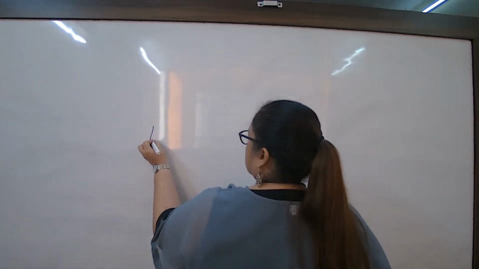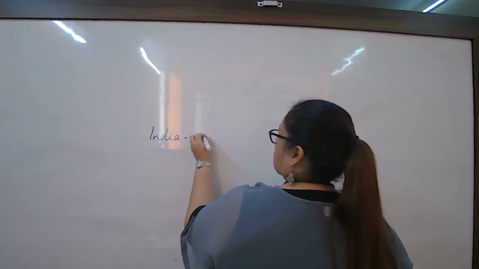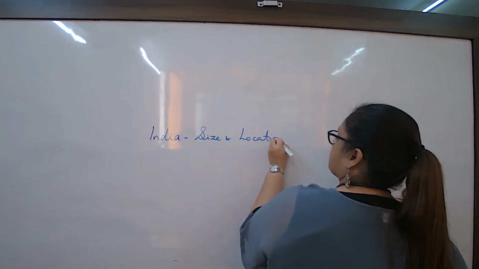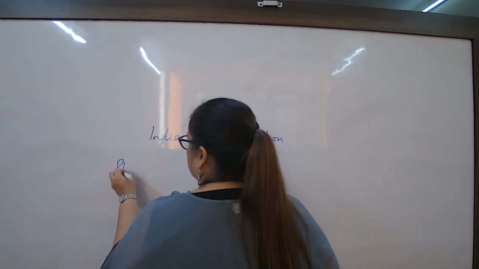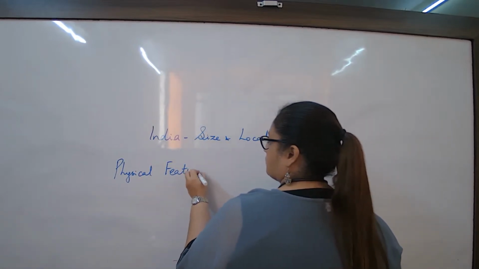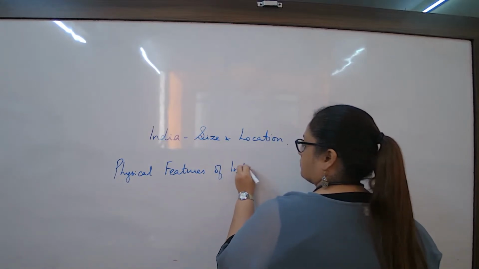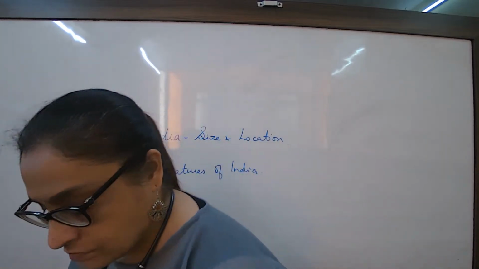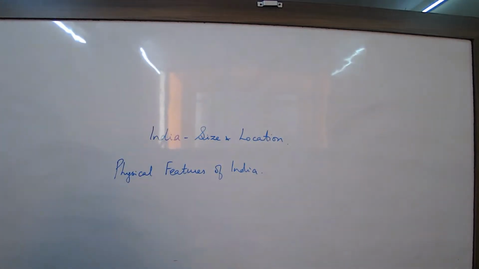So we'll be taking a window size and location and then the next chapter physical. What are we doing?